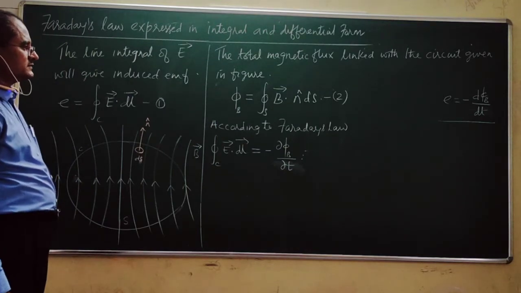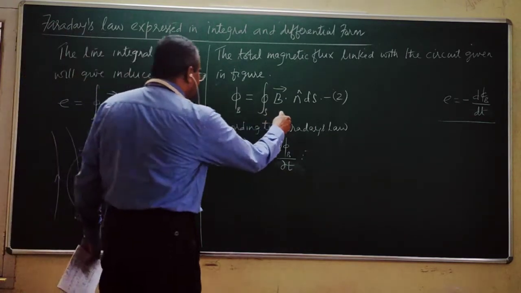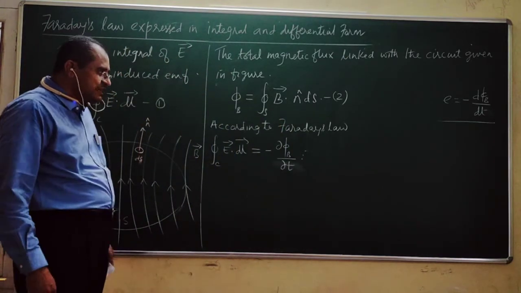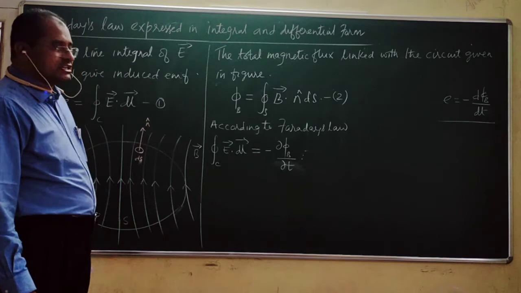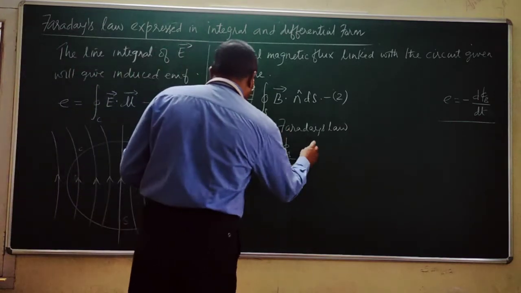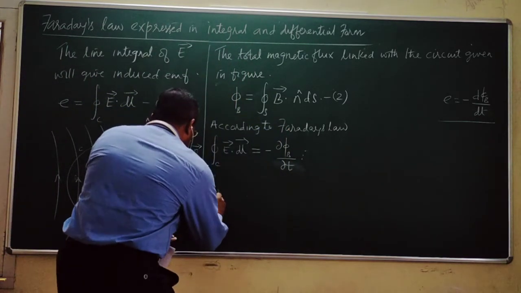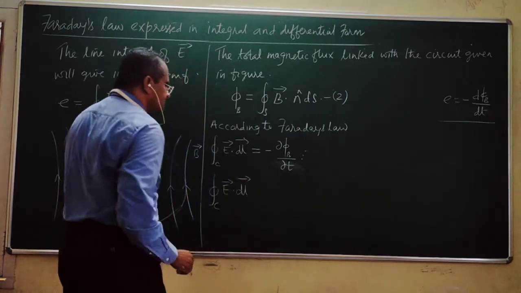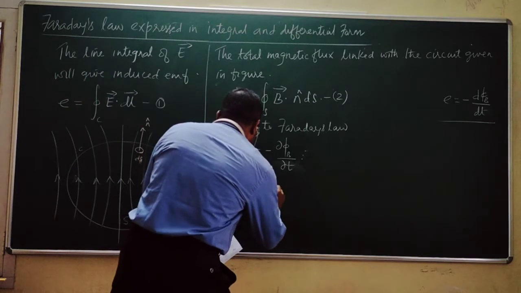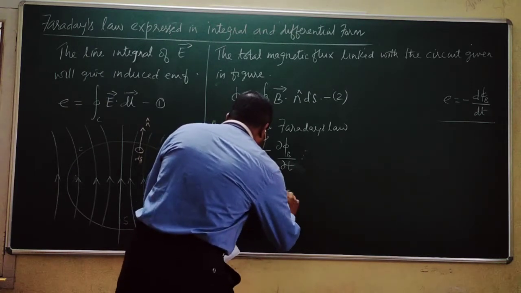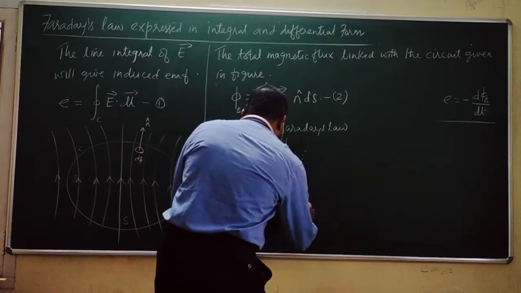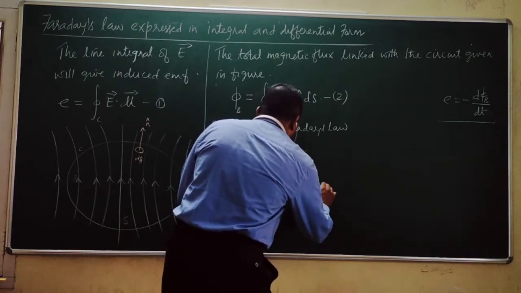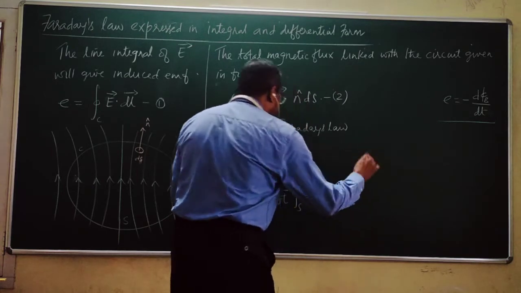Since I know the expression for phi b, I can conveniently substitute equation 2 here. Therefore, this equation will become line integral of electric field, which is induced EMF, is equal to minus dou by dou t of surface integral of B vector dot n cap ds.